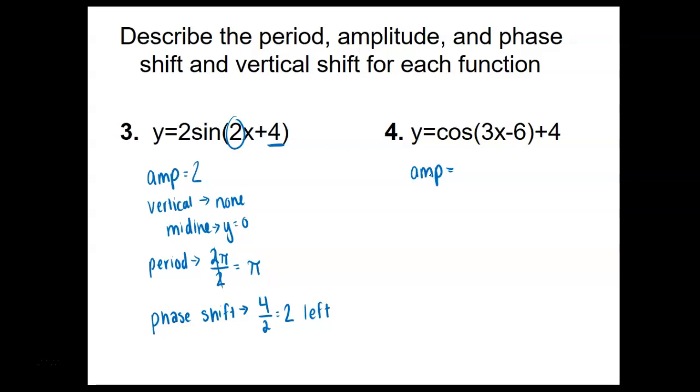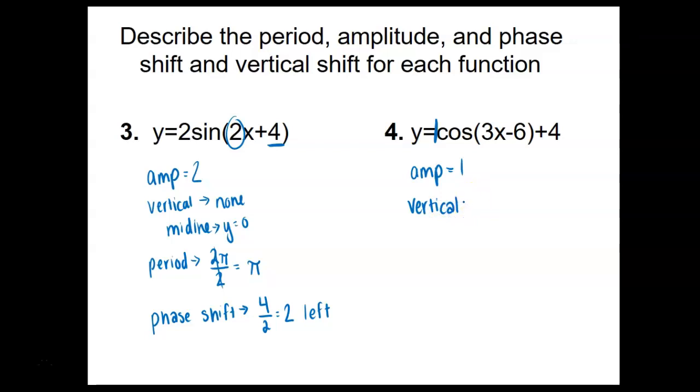Amplitude for 4. It is 1. Very good. Always make sure you put 1. Don't put none for that. Because amplitude and midline, both, you're always going to have an amplitude and a midline. So the amplitude is 1 if you don't have a number in front of your sine or cosine. So amplitude is 1. Vertical shift.